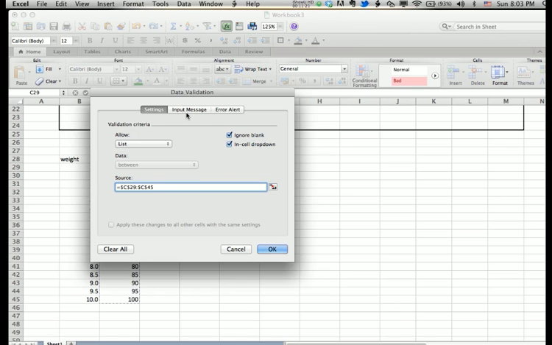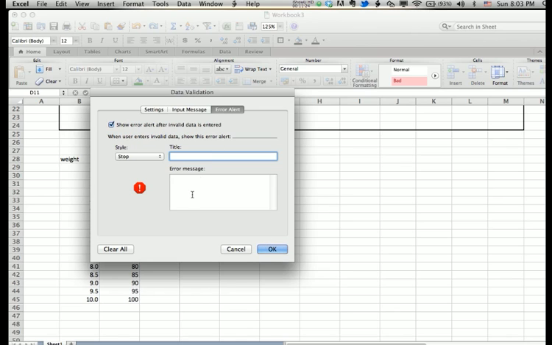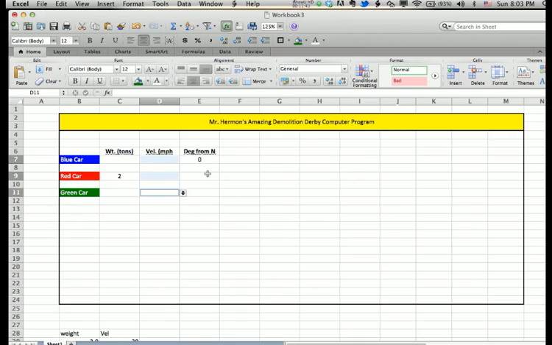Let's see, I don't want an input message. Error alert, I'll say enter a velocity from 20 to 100 in 5 mph increments. Okay. Okay, so you'll see I now have a drop down list for those. All right, good.